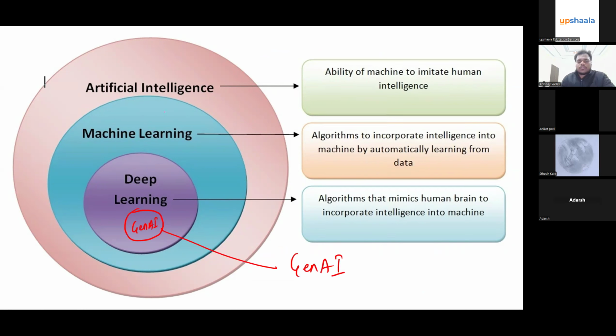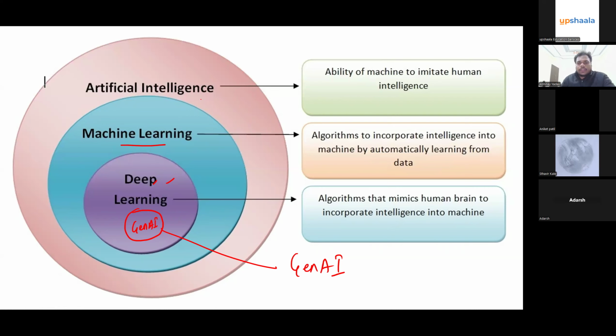So if somebody says you are learning the machine learning, you can say you are learning the machine learning. If you are learning the deep learning, you can say you are learning the machine learning. If you are learning the generative AI, you can say you are learning the deep learning. So all things are correlated with each other or are subsets of each other. Machine learning is a subset of AI, deep learning is a subset of machine learning, generative AI is a subset of deep learning, right?